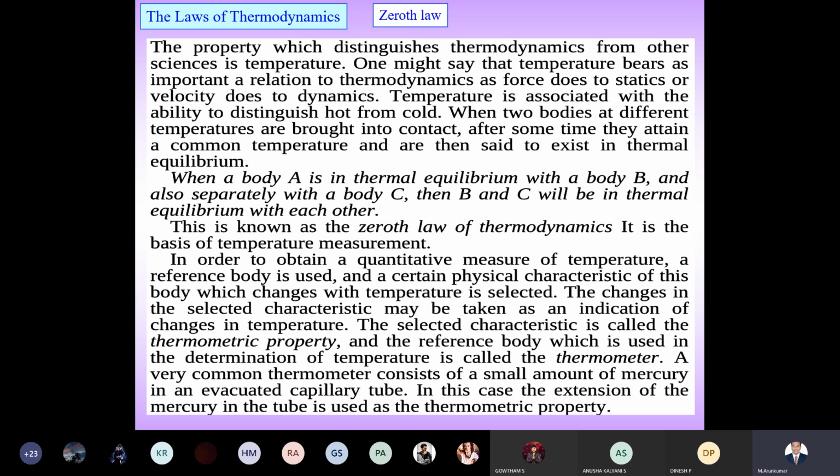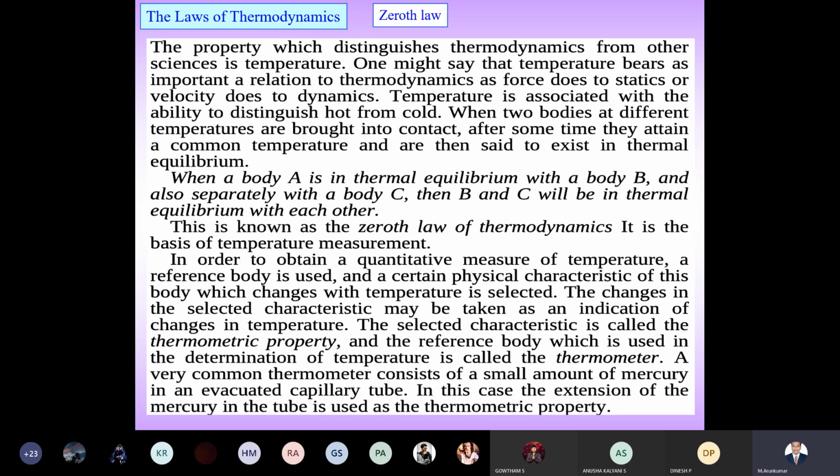The selected characteristic is called the thermometric property, and the reference body used in the determination of temperature is called the thermometer. So the thermometer works based on the zeroth law of thermodynamics.